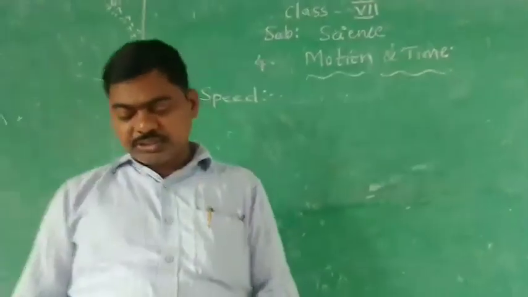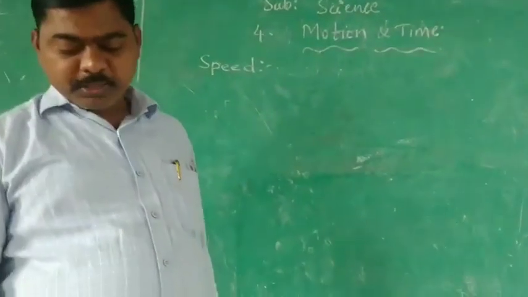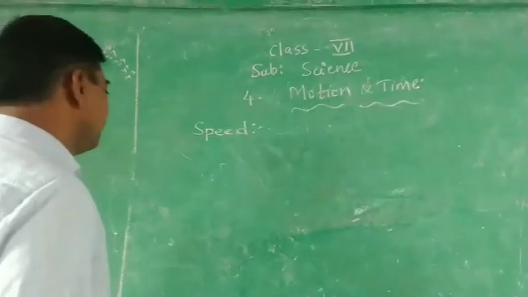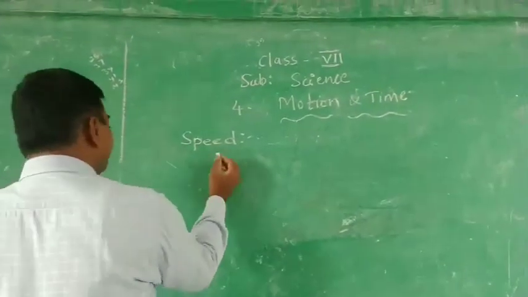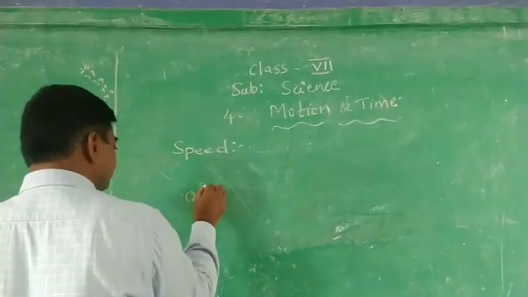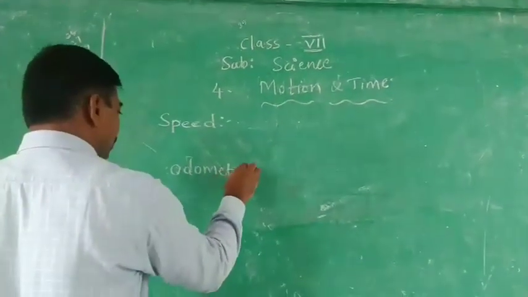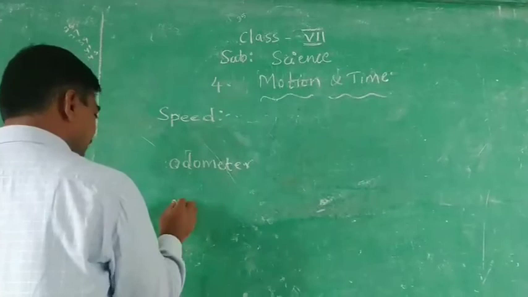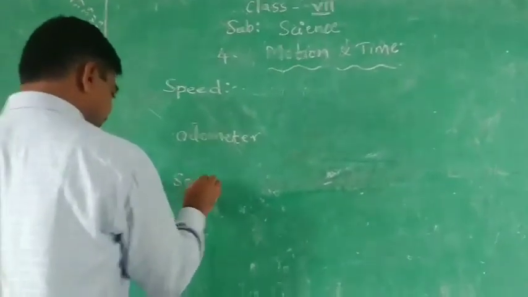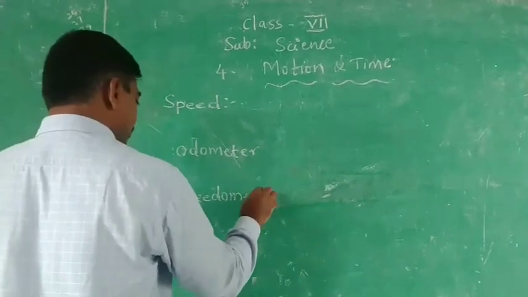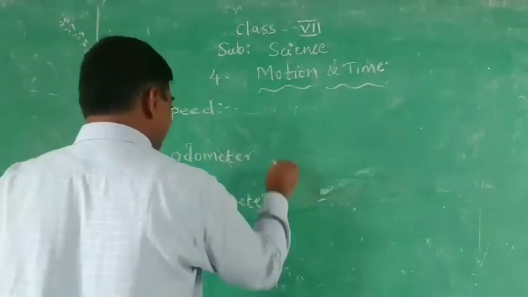In measuring speed, two instruments are there. One is the odometer, and the next one is the speedometer.